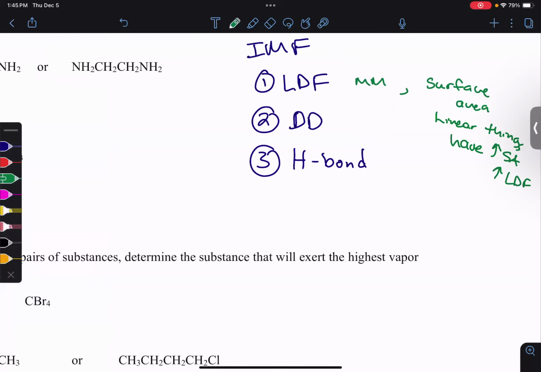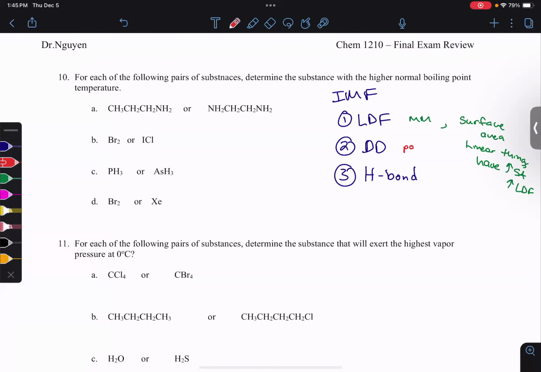Next, dipole-dipole, you're looking for polar things. If you have a polar and a non-polar thing, the polar thing is going to win in terms of attractions, their intermolecular forces. And then finally, hydrogen bonding.